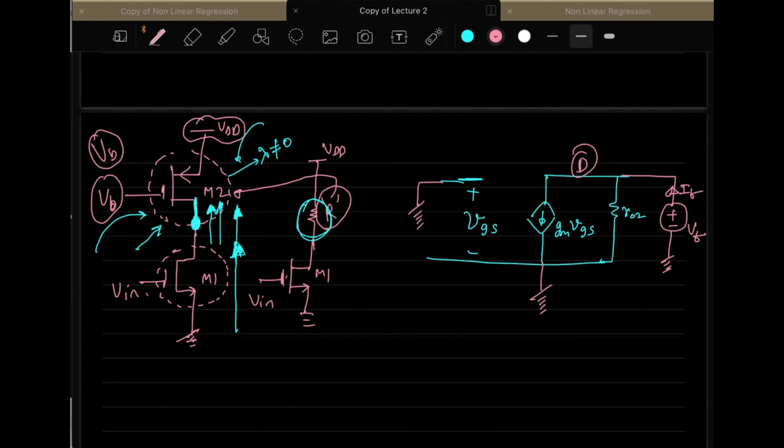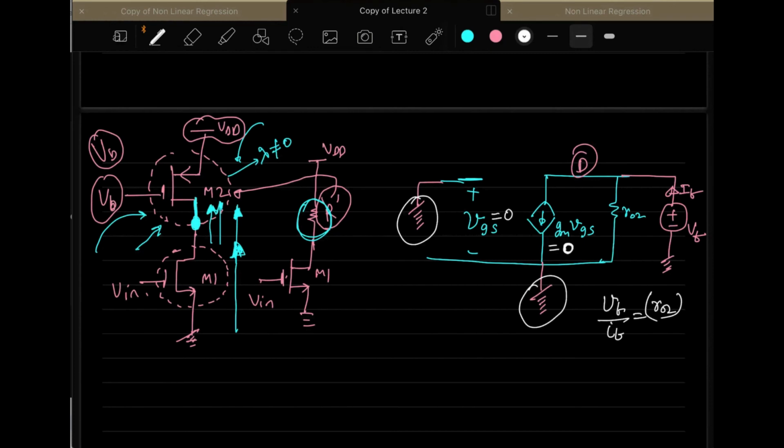If both the gate and the source are grounded, that means your VGS is 0, so the current source gm VGS will be 0. And you already calculated that VT over IT will now be RO2.